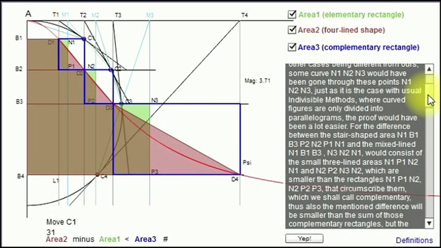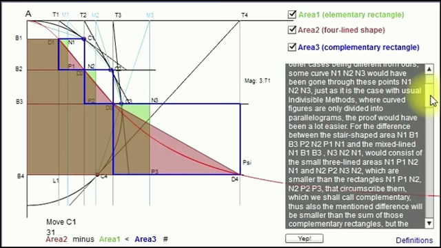The proof would have been a lot easier, for the difference between the stair-shaped area n1, b1, b3, p2, n2, p1, n1, and the mixed-lined n1, b1, b3, and n3, n2, n1 would consist of the small three-lined areas n1, p1, n2, n1, and n2, p2, n3, n2, which are smaller than the rectangles n1, p1, n2, n2, p2, p3, which circumscribe them, which we shall call complementary.